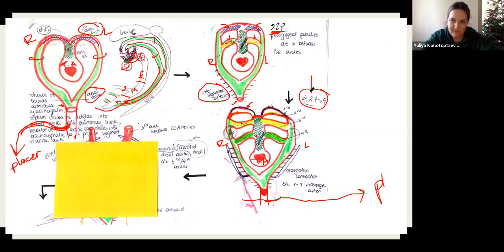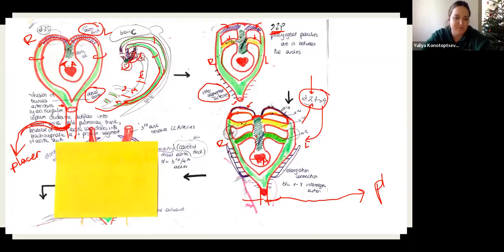On day 27, third aortic arch appears. On day 29, fourth aortic arch appears, but something else is simultaneously happening. On day 27, first aortic arches stop being arches.